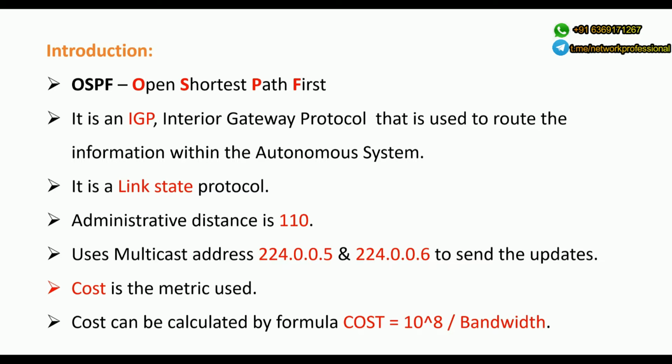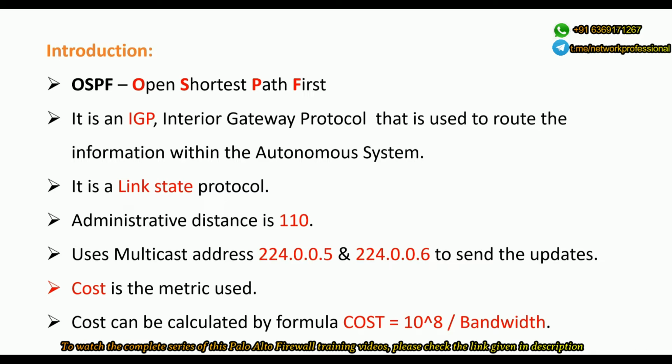There are two types of routing protocol. One is interior gateway routing protocol, and the other one is exterior gateway routing protocol. When we say interior gateway routing protocol, this type of routing protocol exchanges route information, sharing the route information with the neighbors that are within the autonomous system.